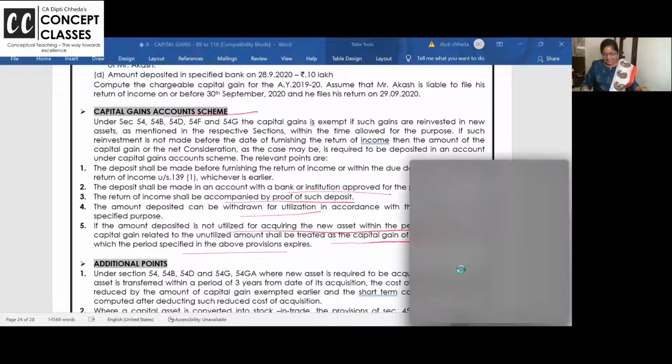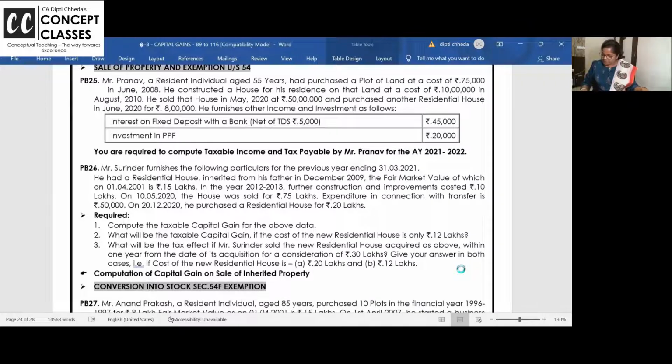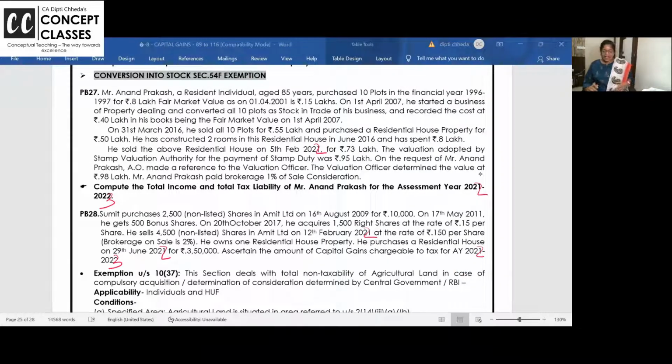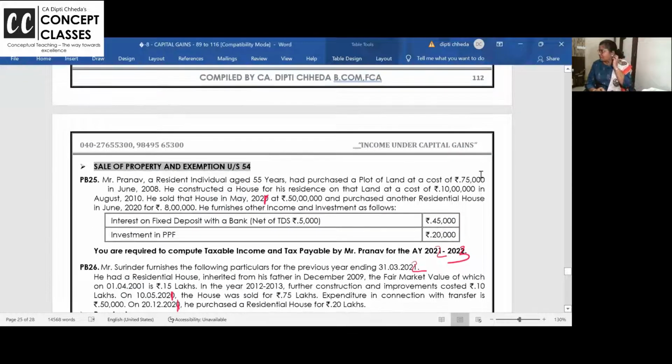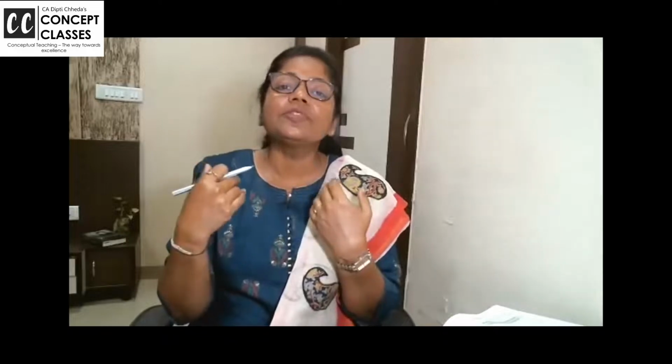All clear? चलो, then to make ourselves more comfortable, एक problem ही करते हैं इससे related. Actually, you know what happens when you do one exemption, one problem, as I'm doing now for practice. But what happens, dear students, is that you learn all the exemptions together and then you solve the problem with an open mind for this topic.